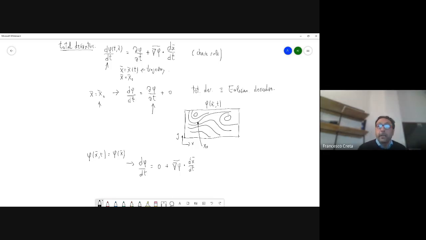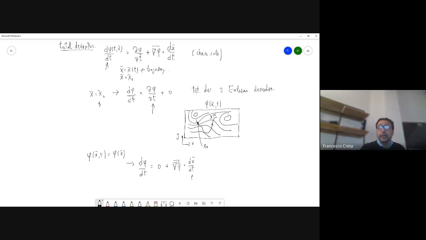Well, it means that what I'm really doing is moving around, this time. So suppose that I'm moving around, in this case here, with a trajectory which is x of t. So I'm moving around at a certain speed, dx by dt, and I'm crossing, if you can see, these isolines, okay?